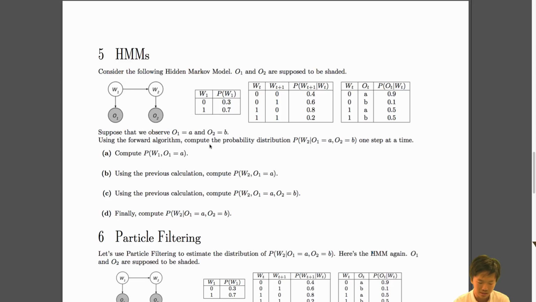So let's take a look at what would constitute the joint distribution of W1 equals 0 and O1 equals A.